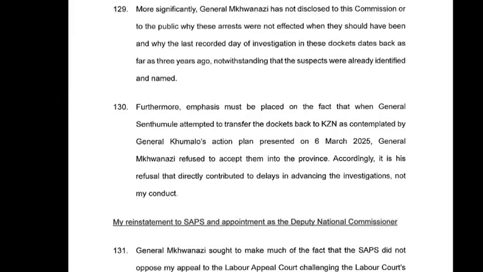Accordingly, it is his refusal that directly contributed to the delay in advancing the investigations and not my conduct. Commissioners, General Sintumule was here, and she also said they were not meant to be kept at head office. They were in transit to go to KZN. But when she made a call, General Mkhwanazi rejected them.